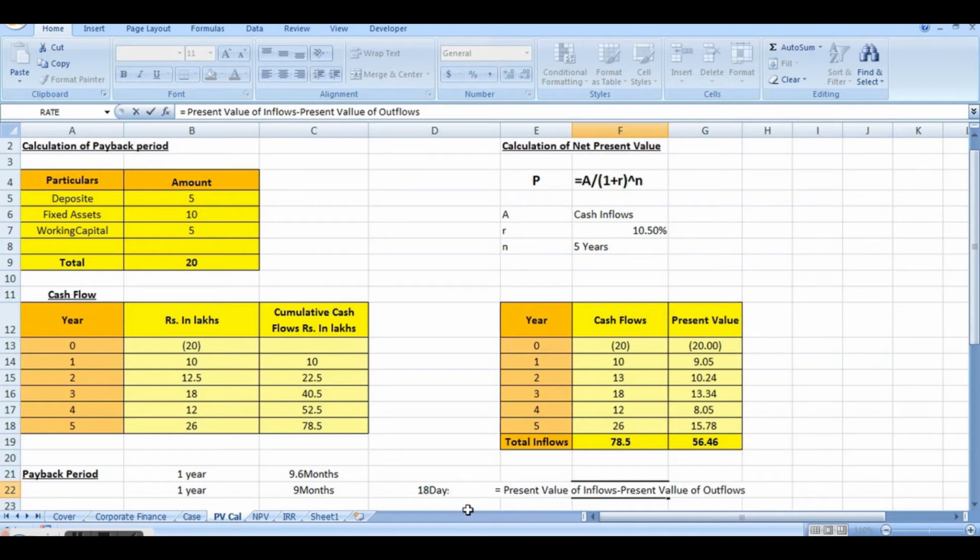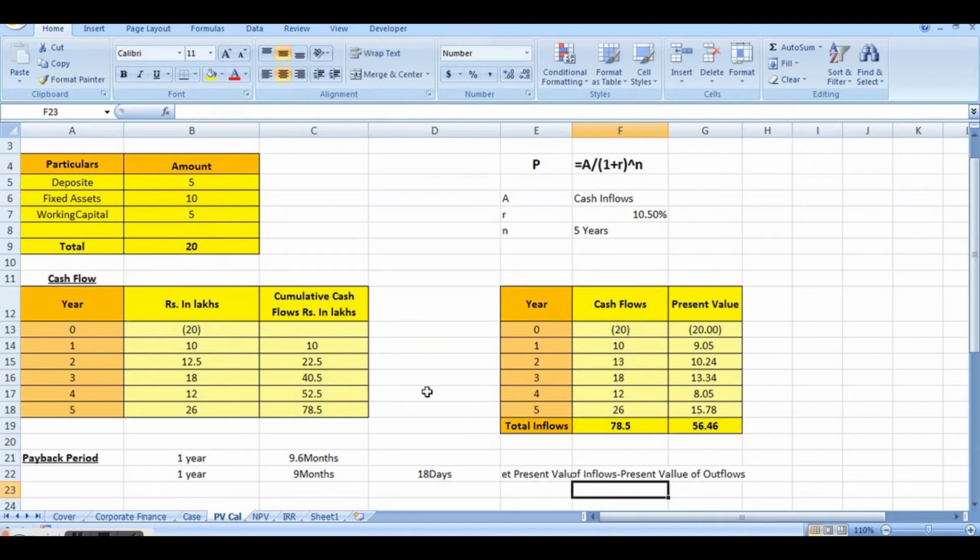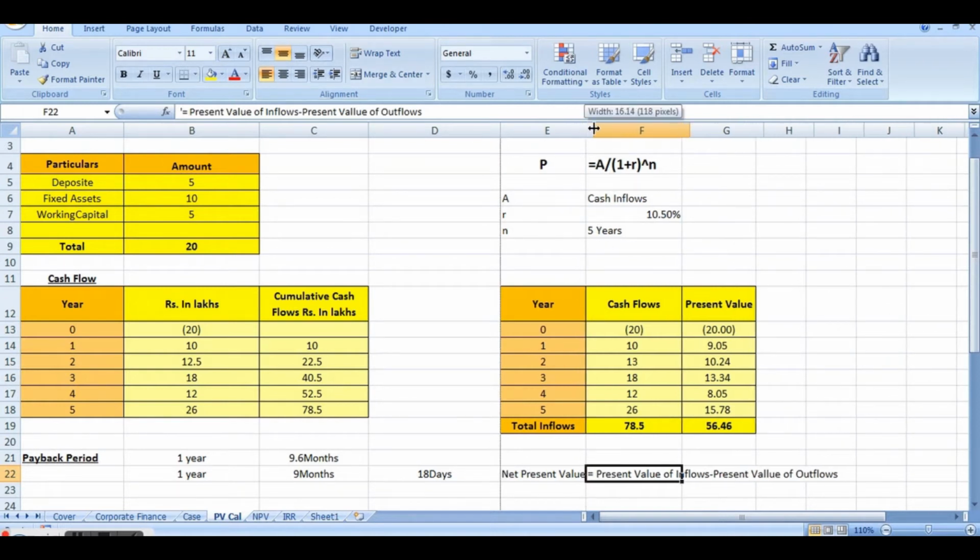Now we have used the equal to sign before writing the formula, and we want to keep it as it is. So we will use apostrophe in front of it and it will show us this. Let us align it properly to be more visible or properly visible. This way.